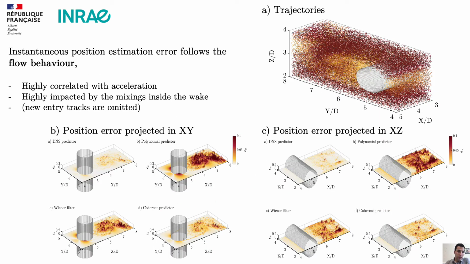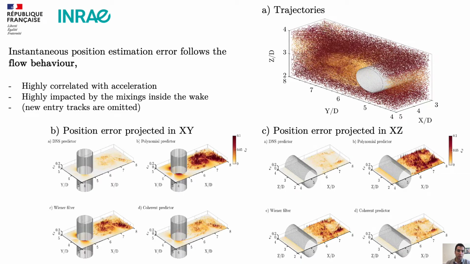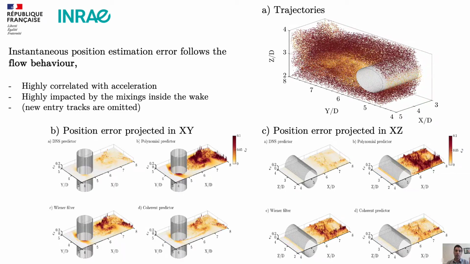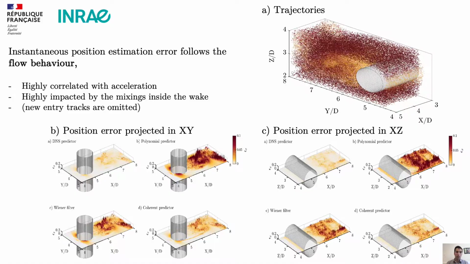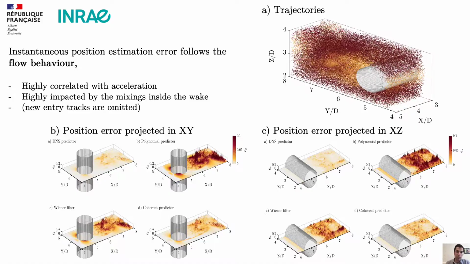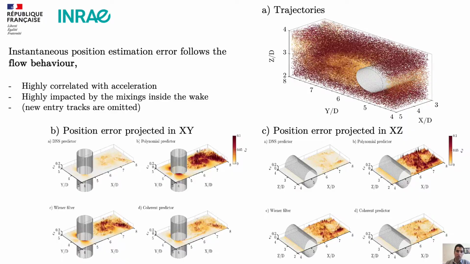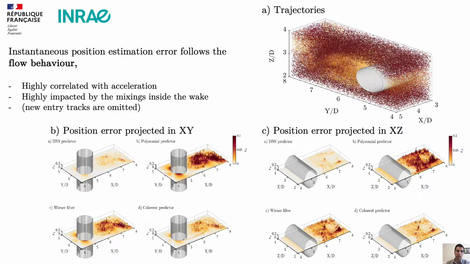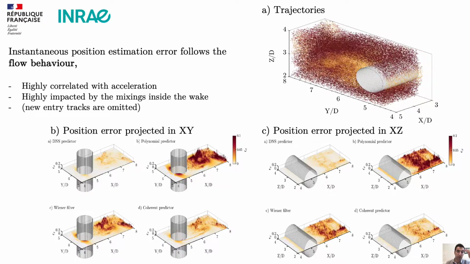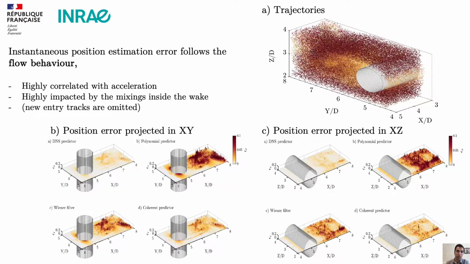In the instantaneous point of view, if we want to see what's happening for the estimation error at each time step, here we have the evolution over 1000 DNS time steps, and we took every 20 DNS time steps for the time spacing between two consecutive frames.